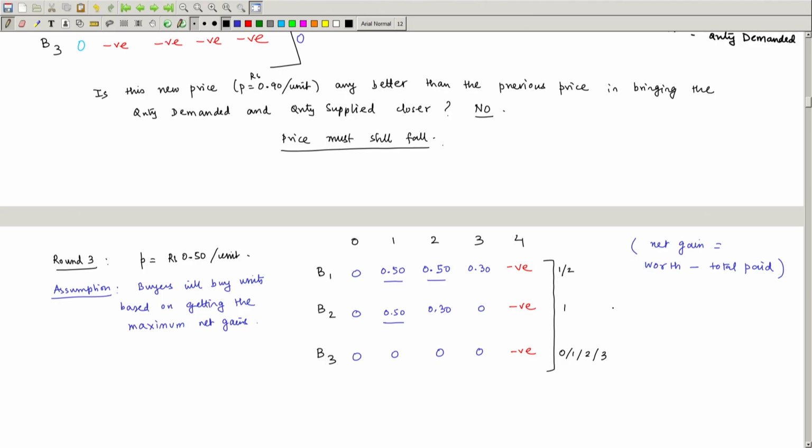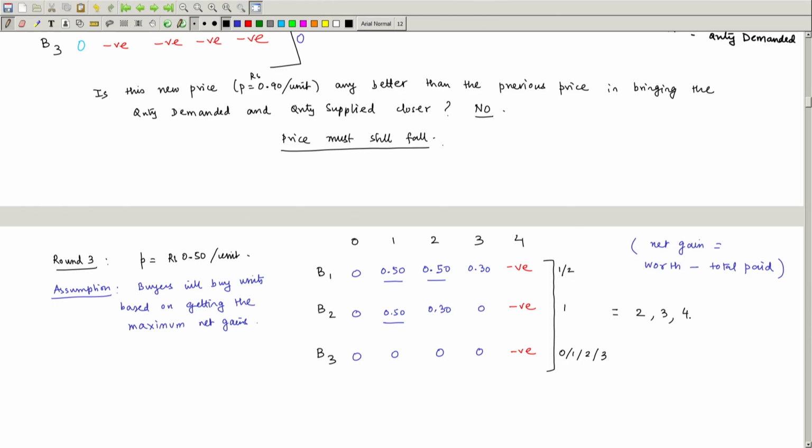Okay. So, if I make use of all of this information, what is the total quantity demanded? Well, the total quantity demanded could be a number as small as 2, where buyer 1 buys 1 unit, buyer 2 buys 1 unit, buyer 3 does not buy, or it could even be 3, where each of them buy 1 unit. The other combination is that buyer 1 buys 2 units, buyer 2 buys 1 unit, and buyer 3 buys 1 unit.